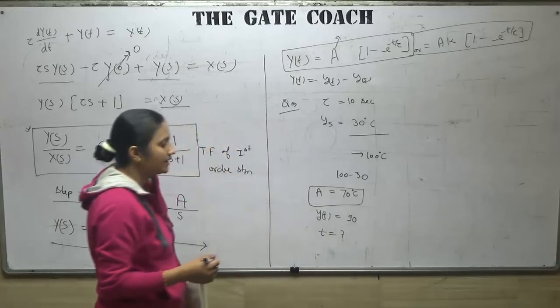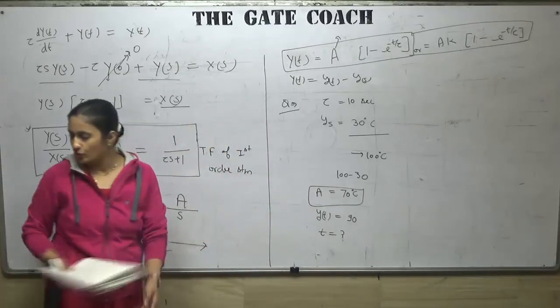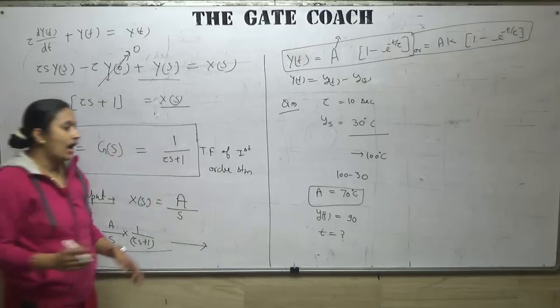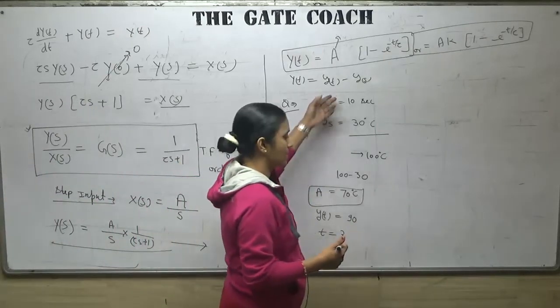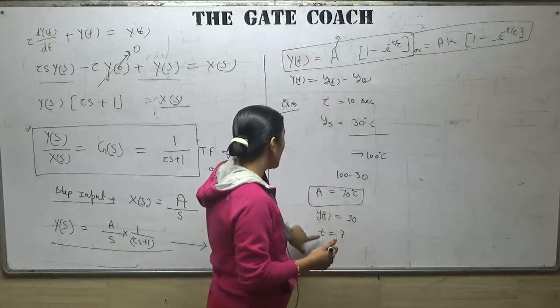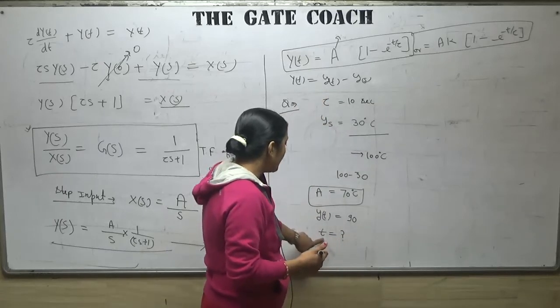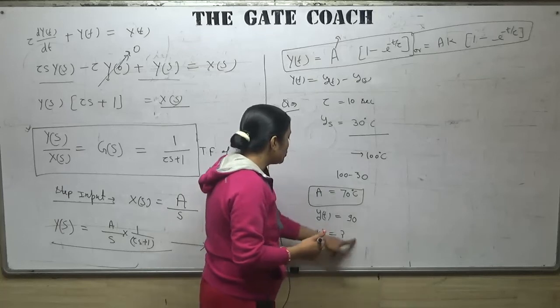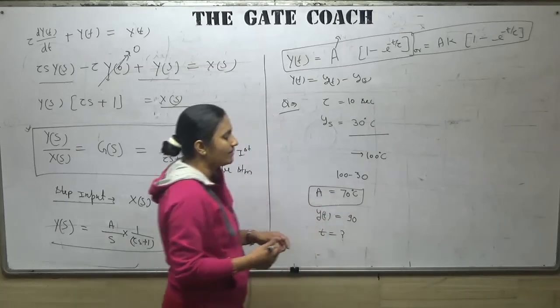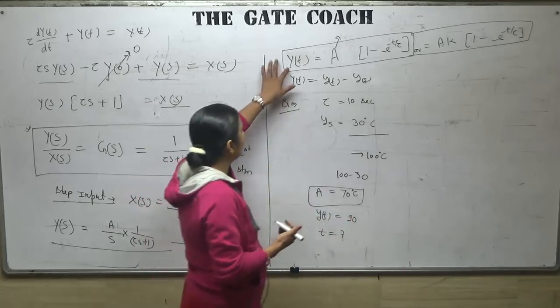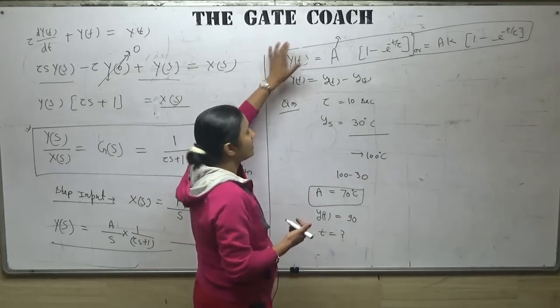In many questions it can be asked like, the time is given to you, means after 10 seconds how much reading will it show. In that case t is given to you, and you have to calculate y of t, right? In many cases they ask directly for the deviation variable.